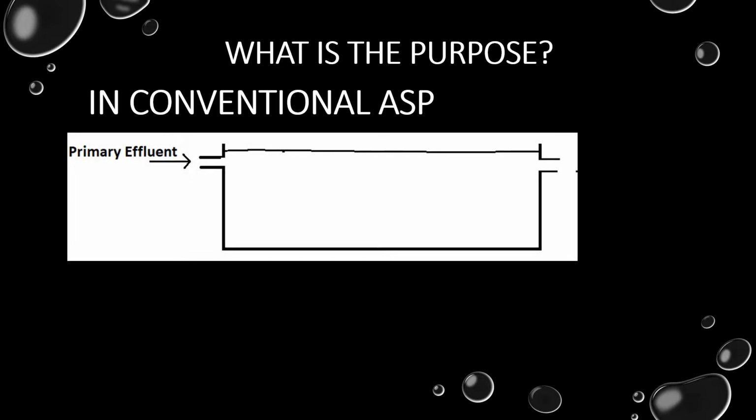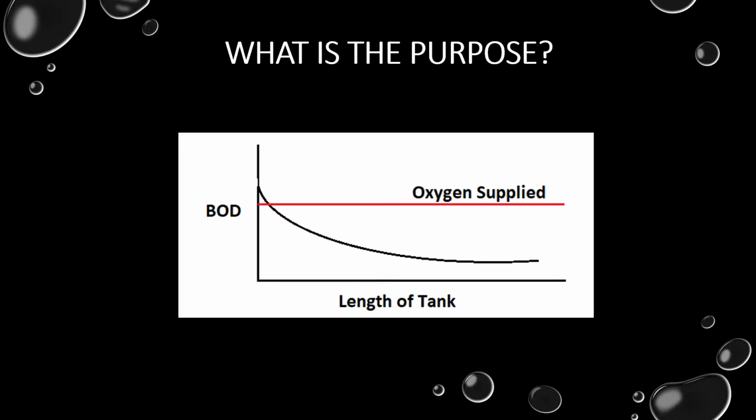In conventional kasi, pagpasok ng primary effluent sa aeration tank, nag-cause ito ng very high load of BOD sa inlet. Tapos ang nangyayari, mas nagiging mataas pa ang concentration ng oxygen demand kaysa sa oxygen, which is ayaw natin. Ito nga no, ang graph na nagre-represent ng BOD at oxygen supplied along the tank.